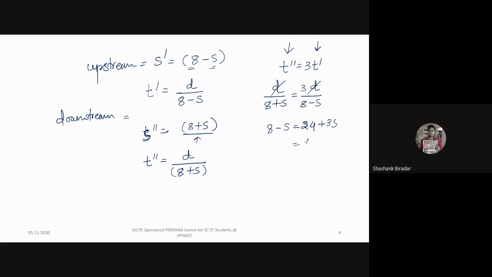So this 4S and this 16, so S is 4 km per hour.